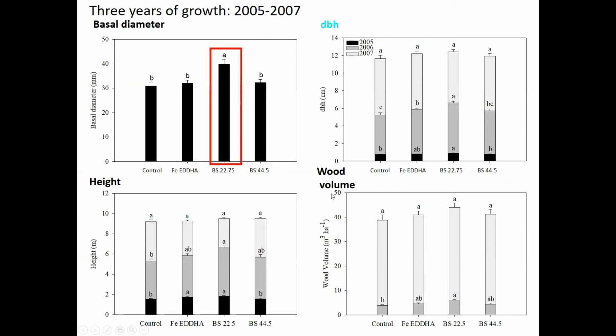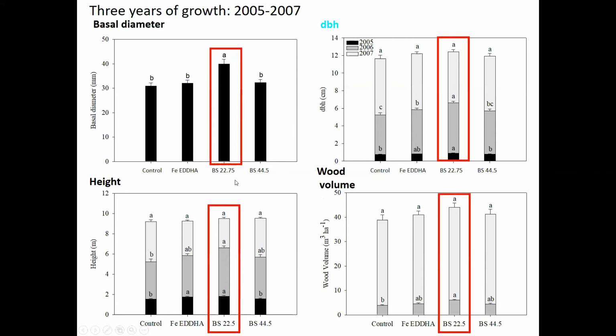Again, some geeky figures, because I like to throw out figures and graphs. These are just different growth parameters of these trees, and when we applied the biosolids at the highest rate, we got the highest growth rates. Compared to a synthetic fertilizer, it was significantly higher with the composted biosolids.